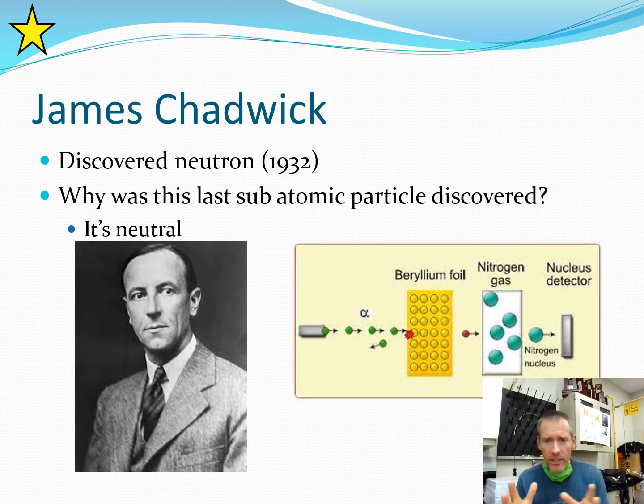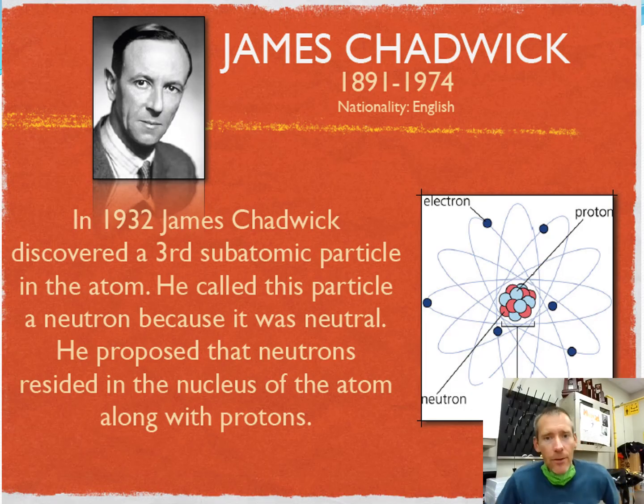Nitrogen gas was used because it's inert, and it would detect movement. These movements weren't positive or negative, so it helped determine that there was some extra mass, a neutron, that kept the atom stable.